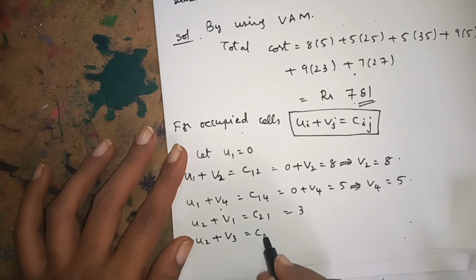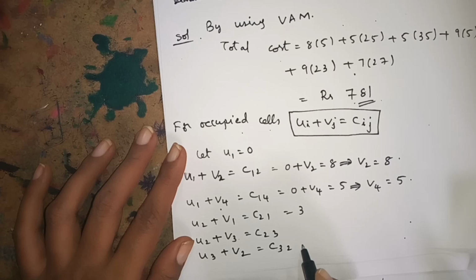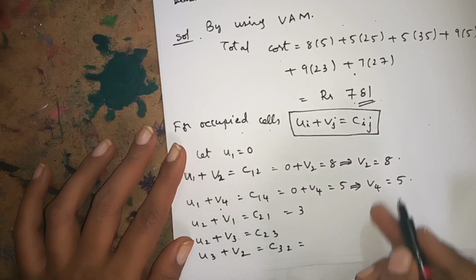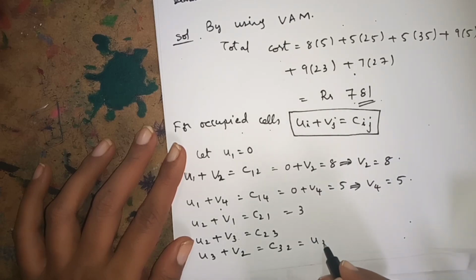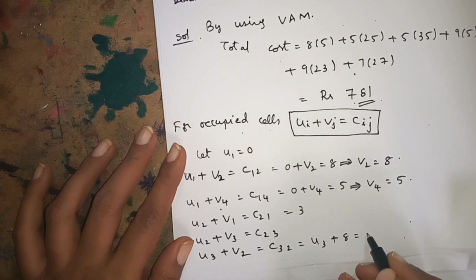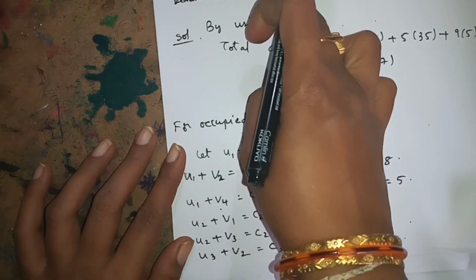Then U3 plus V2 is equal to C32. Do you know the V2 value? We know the V2 value. U3 plus 8 is equal to C32. C32 is 9, in the third row, second column.